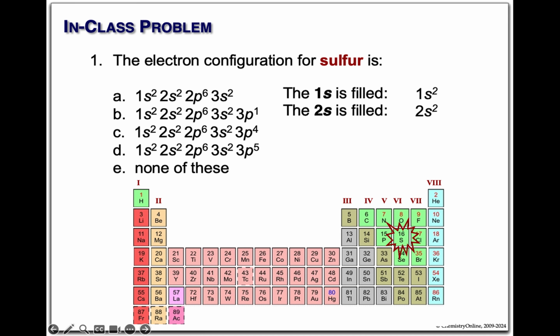Second, 2s is full, that's 2 more. In the 2p's, we have 1, 2, 3, 4, 5, 6, but they're paired up, 2, 2, and 2. 3s is full with 2. And finally, over here with the 3p, 1, 2, 3, 4 electrons. They would go in one at a time, and then one of these is a 2 for the last.